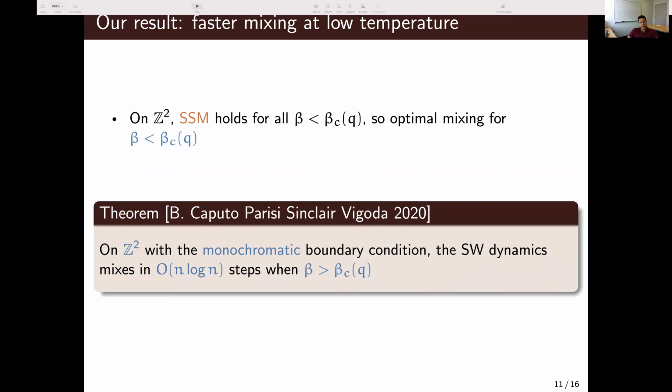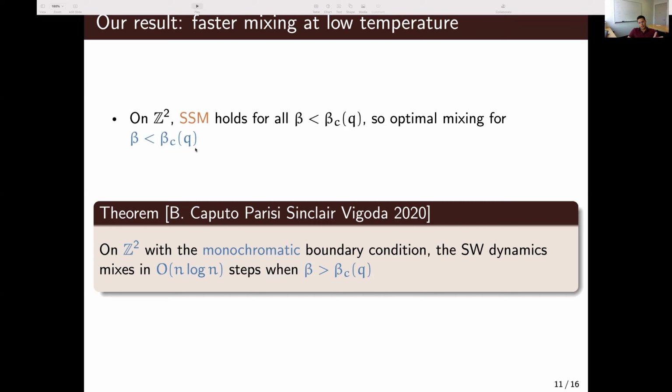So as a byproduct of our result, for example, in 2 dimensions, we know that SSM, the strong spatial mixing property, holds all the way to the critical point. So we get optimal mixing all the way to the critical point. So one caveat about our results is that we are focusing on the high temperature regime, right?